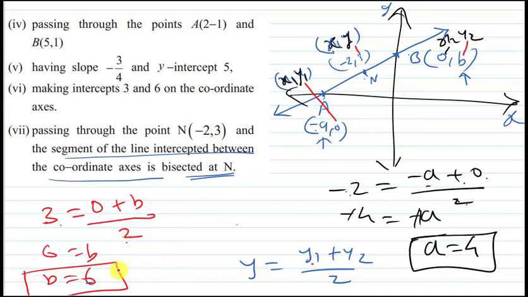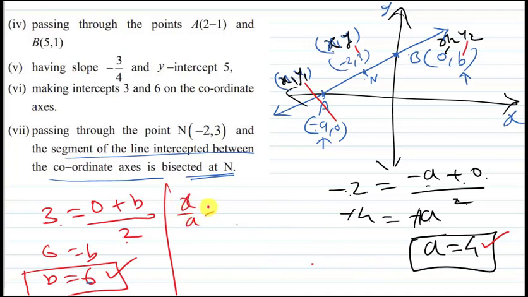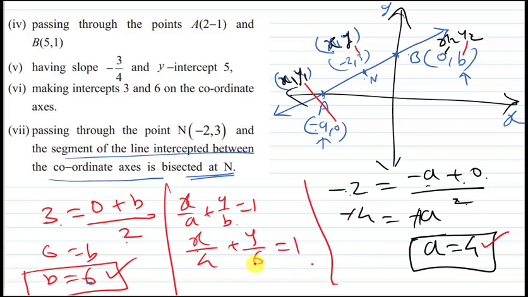Right? By using the double intercept form, I can easily find the equation of the line. What is the double intercept form of the line? It is x upon a plus y upon b equals 1. Just put the values: x upon 4, what is the value of b? 6, equals 1. 6x plus 4y upon 24.